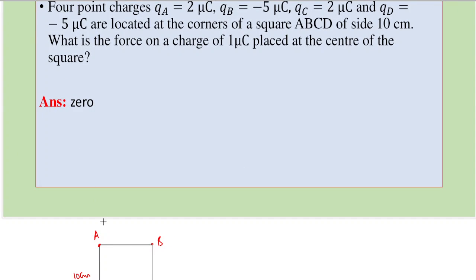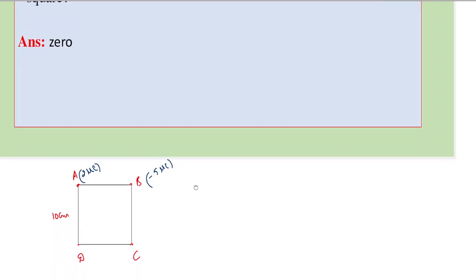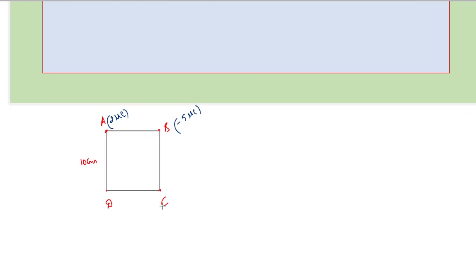The charge at point B is minus 5 microcoulomb. The charge at point C is again 2 microcoulomb. The charge at point D is minus 5 microcoulomb.